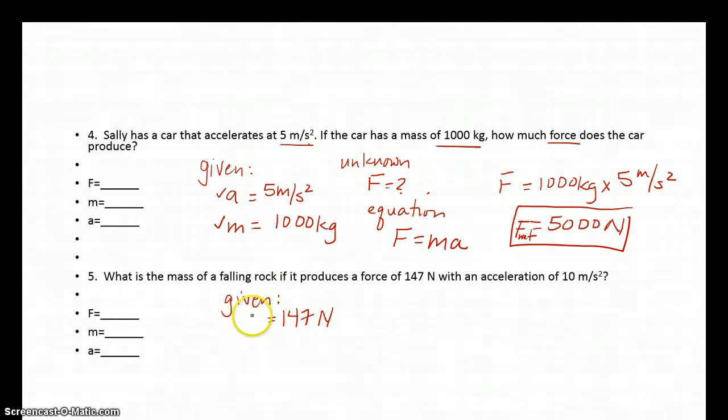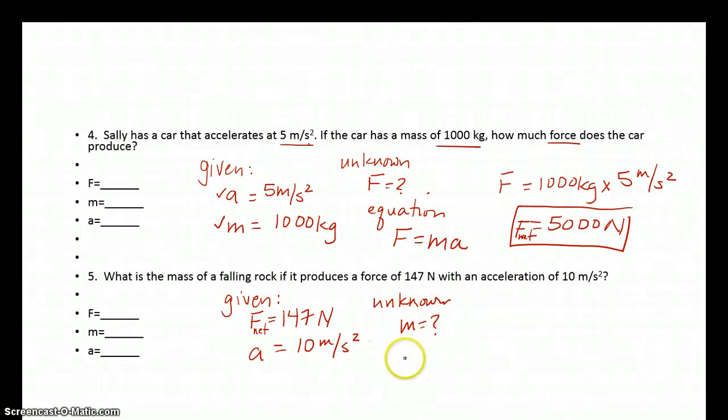That is a unit of force, and keep in mind that is a unit of net force. I also have 10 meters per second squared. That is a measurement of acceleration. And my unknown is mass. I'm looking for mass.